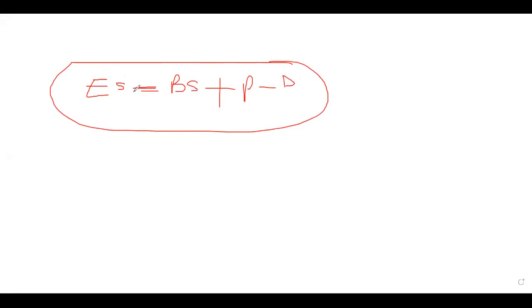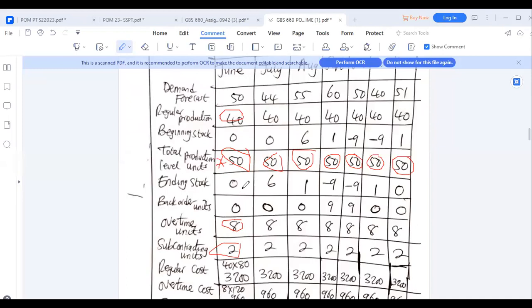Ending stock is equal to beginning stock plus production, minus the demand. So when you look at ending stock, what should remain should be what we opened with plus the production, then minus the demand. All right, so getting down to this one, this is why we're now saying that our ending stock is 0, because we are saying beginning plus production, aggregate these two, then minus demand.